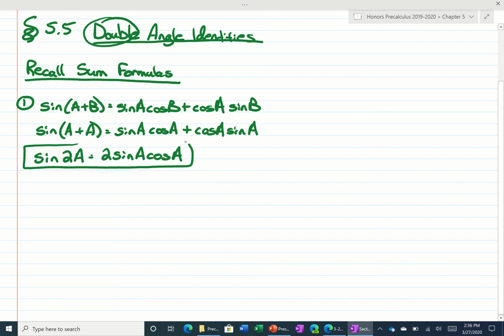That's one of the formulas on your formula sheet. Let's do the same thing with cosine. The formula for cosine of a plus b is equal to the cosine of a cosine of b, opposite sign times the sine of a sine of b.